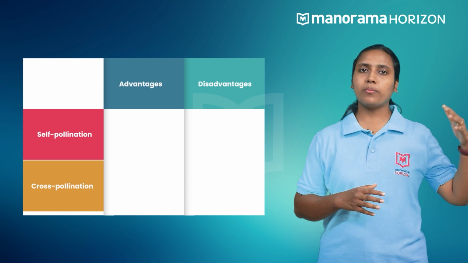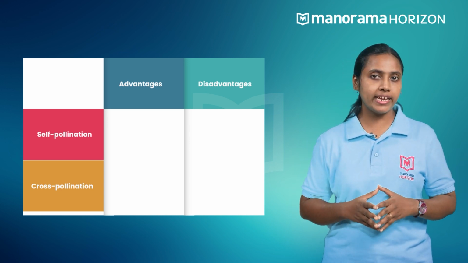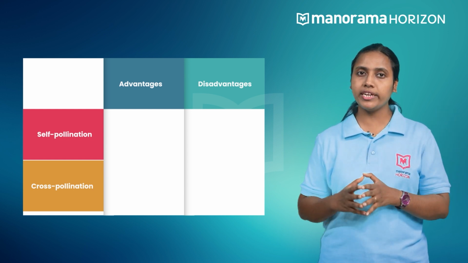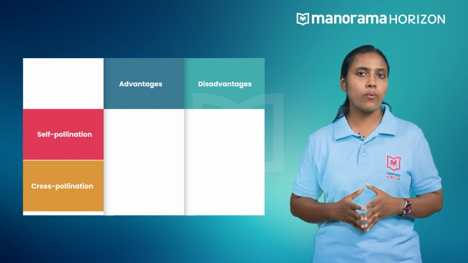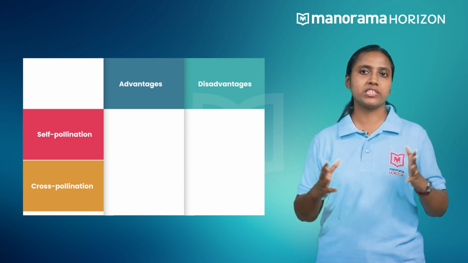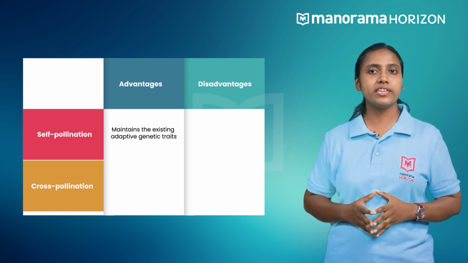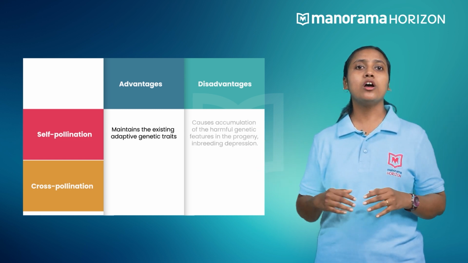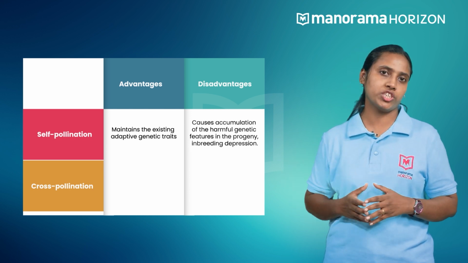Now that you have learned about the different categories of pollination and some important pollinating agents, can you tell if autogamy or self-pollination, or xenogamy or cross-pollination, is advantageous for plants, or if both have their specific benefits? While maintaining the existing adaptive genetic traits, the continuous autogamy in hermaphrodite plants causes accumulation of harmful genetic features in the progeny.